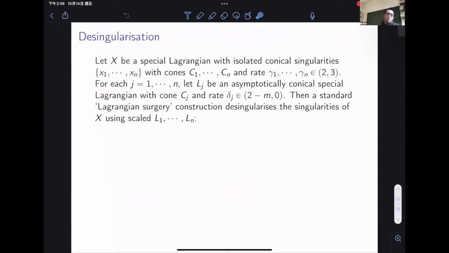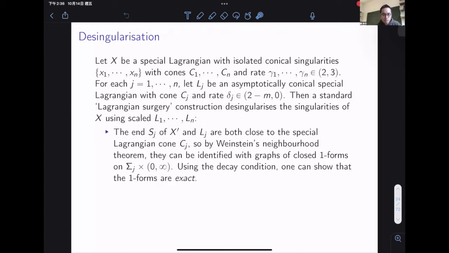Okay, so if we have a special Lagrangian with isolated conical singularities, and we also have some asymptotically conical special Lagrangians with the same asymptotic cone and with a certain range of rates, then there's a standard Lagrangian surgery construction which desingularizes the singularities x1 to xn using some scaled asymptotically conical special Lagrangians L1 to Ln.